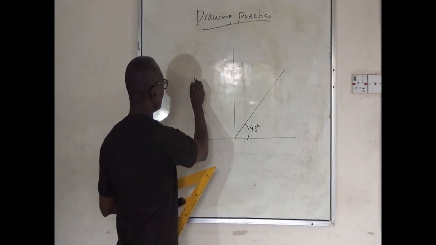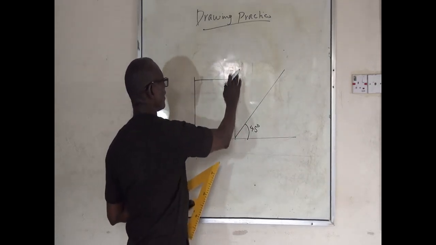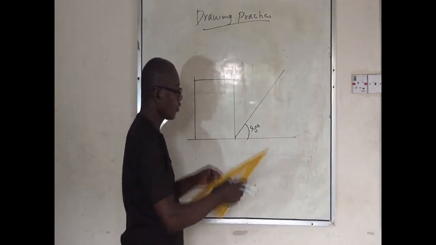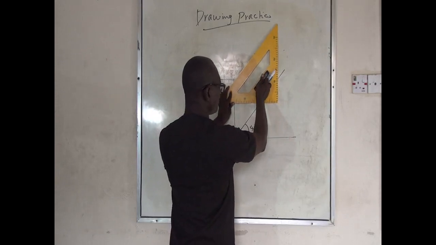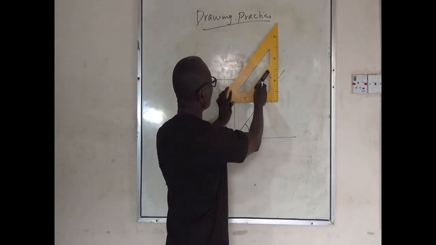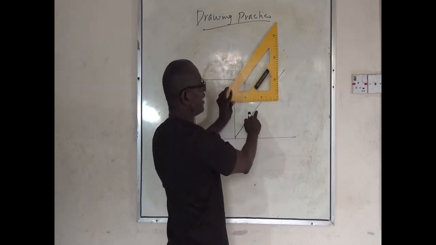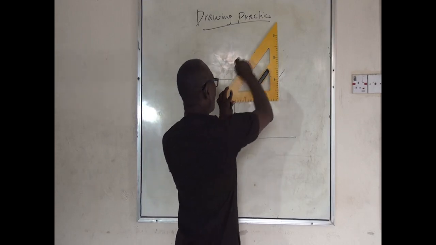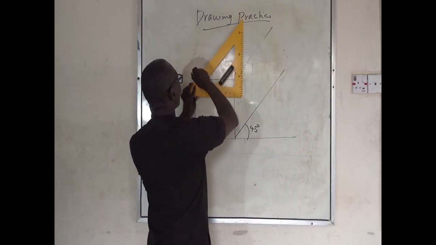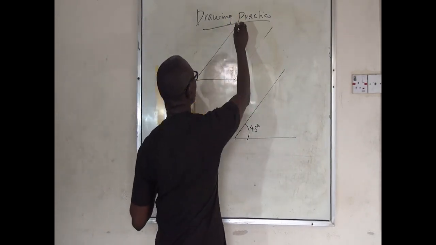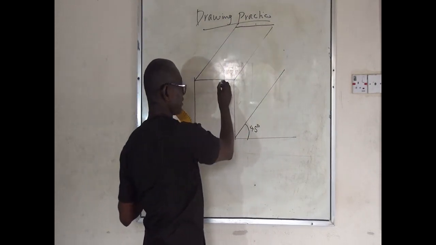And then this line will go also. Remember, I'm not using a drawing board, but you have to use a drawing board. This line has to be parallel to the first inclined line. So you have here, and then you also have here, and then you have here. This line has to be parallel to this.